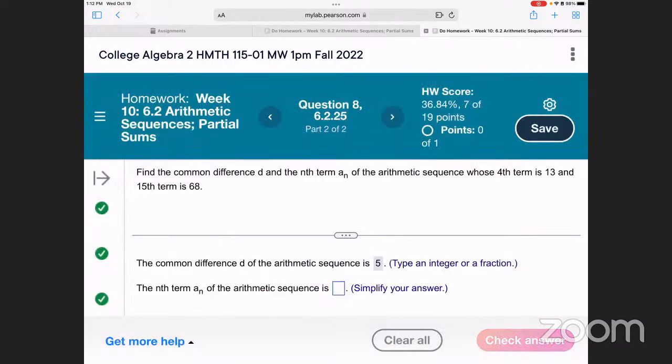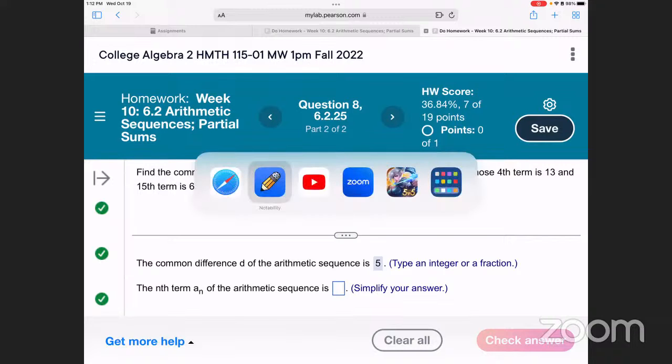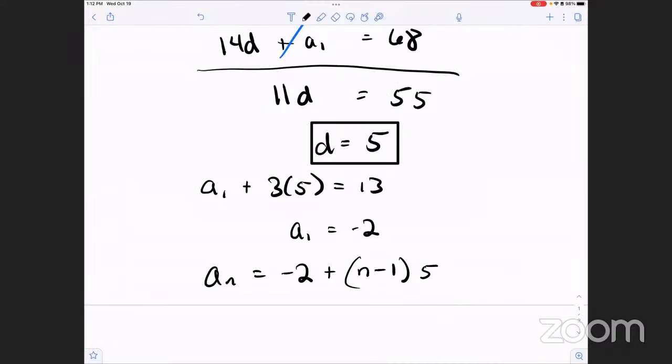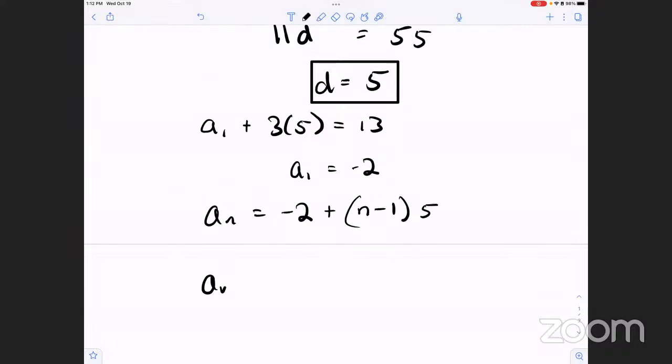Okay, the nth term an of the arithmetic sequence. So we need to keep going. We just need to simplify this. an is going to take the form -2 plus 5n minus 5, where I distributed the 5.